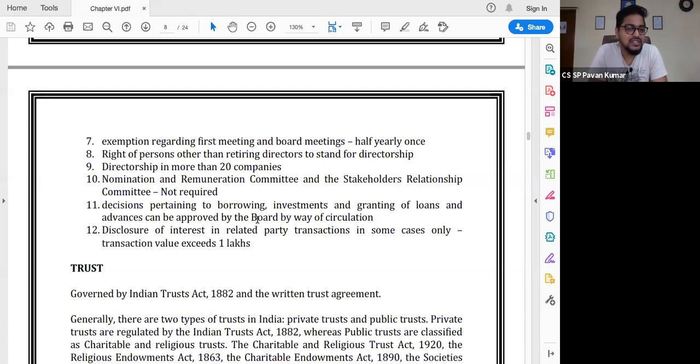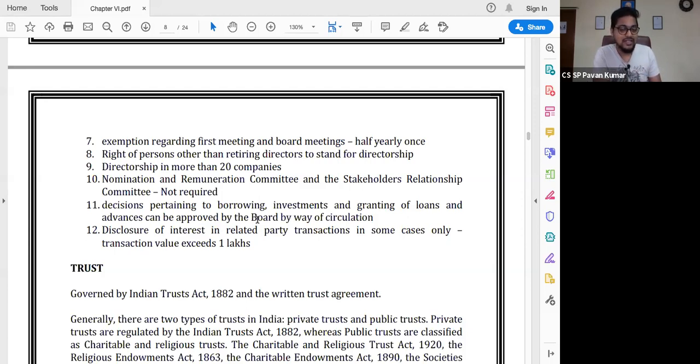Decisions pertaining to borrowing, investment, grant of loans and advances can be approved by way of a circular resolution. Under the Companies Act, there are specified transactions which have to be transacted only in a properly convened board meeting. You have to come personally, sit, talk face to face, and decide on certain facts, because those transactions are considered very important and very sensitive.